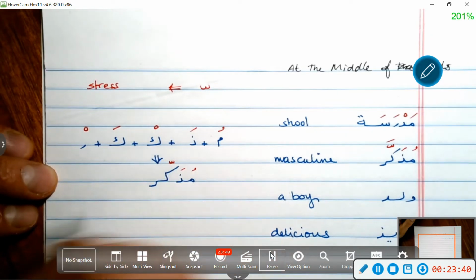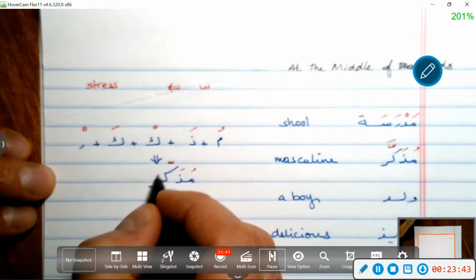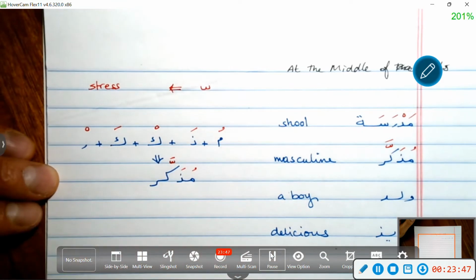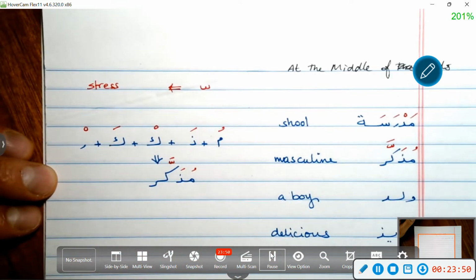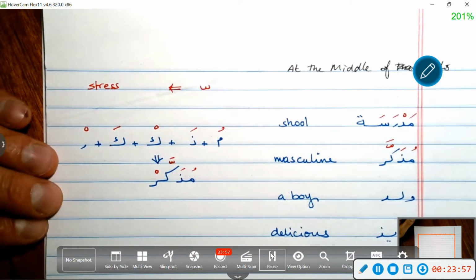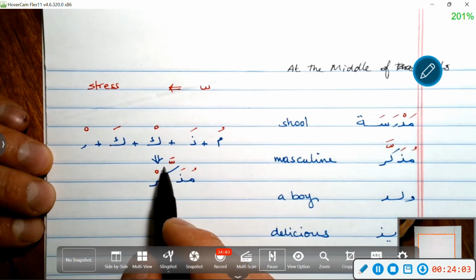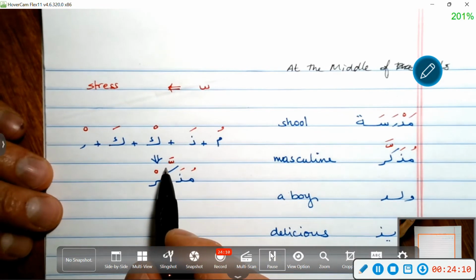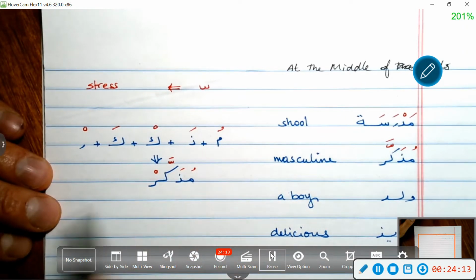And because the second kaf has fatha, the shadda is going to be with fatha. Mudakkar. Yes, the shadda can have fatha over it, or kasra, or dhamma. We're going to see that later on. For now, we know that shadda takes fatha, and it will sound like this. Mudakkar.